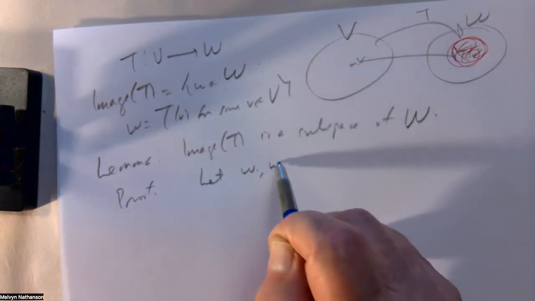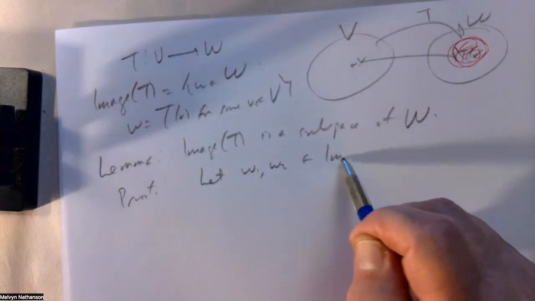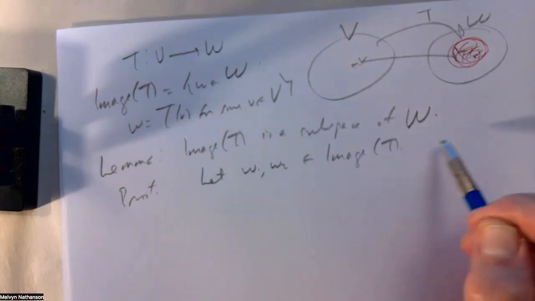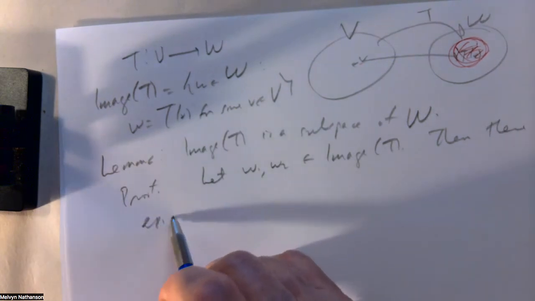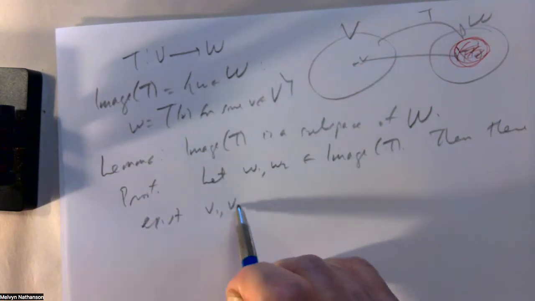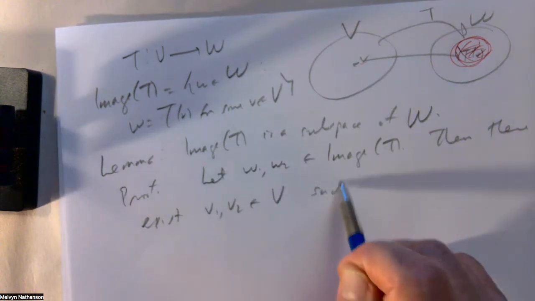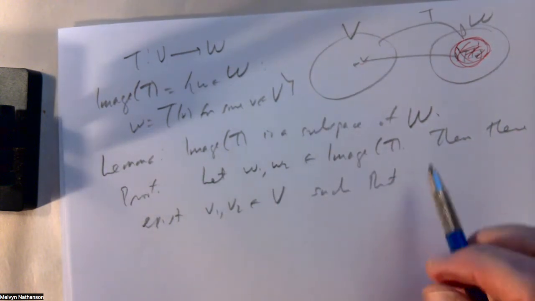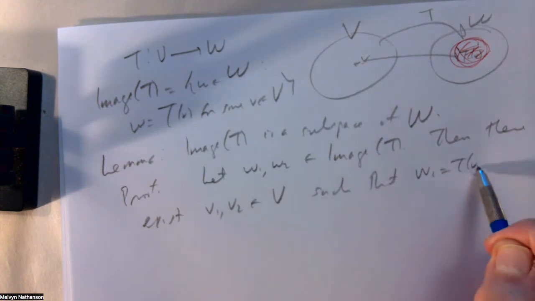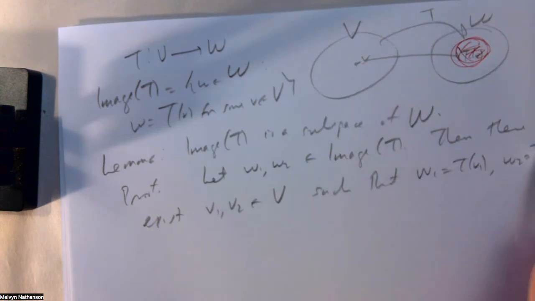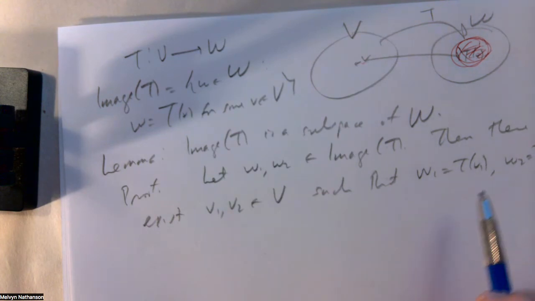Suppose W1 and W2 are in the image of T. That means that there exist vectors V1 and V2 in V such that W1 is T of V1 and W2 is T of V2.